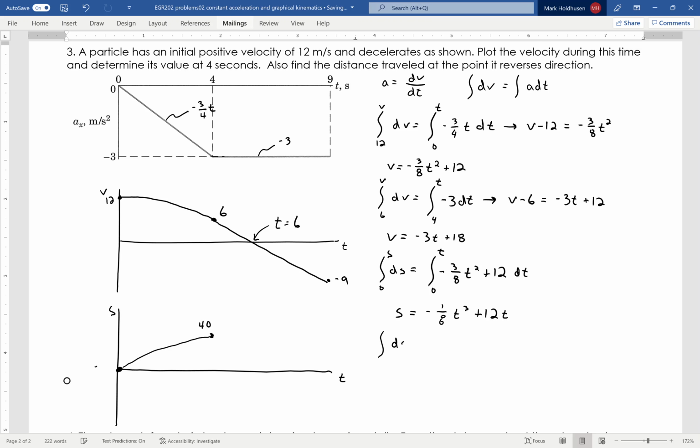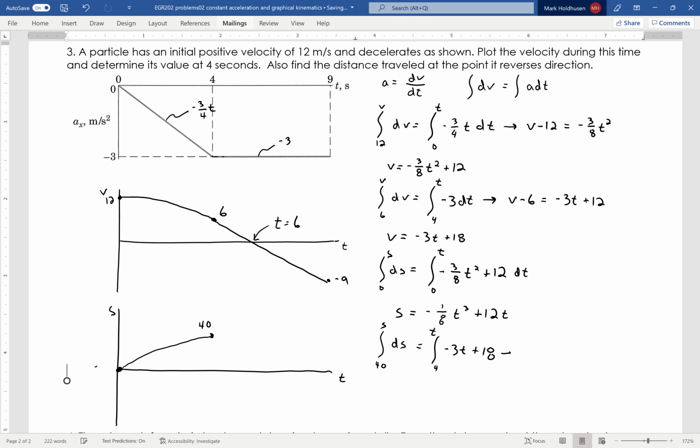Okay, integrate ds, but now this time I start at 40 and I go up to s, and I start at 4 and go to t, and I use, again, now my second equation, which is the negative 3t plus 18.